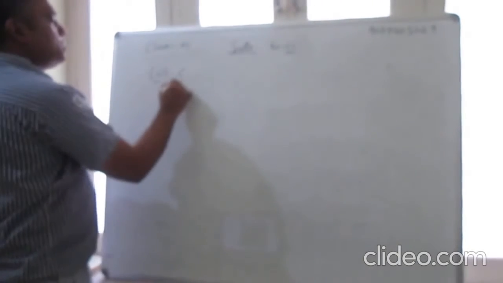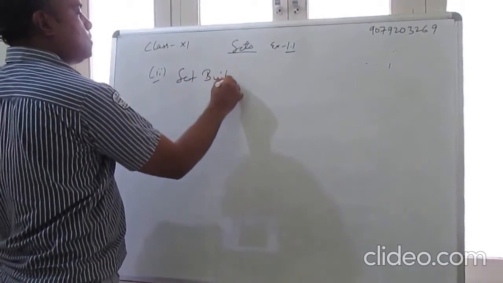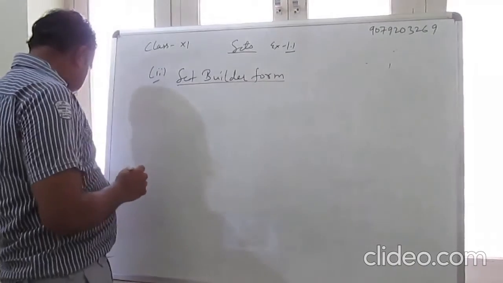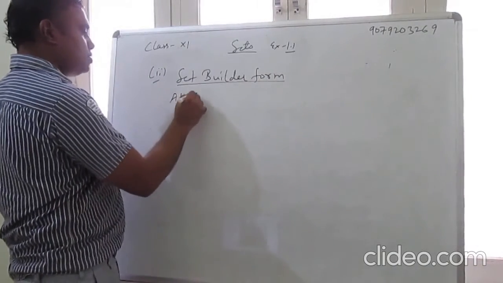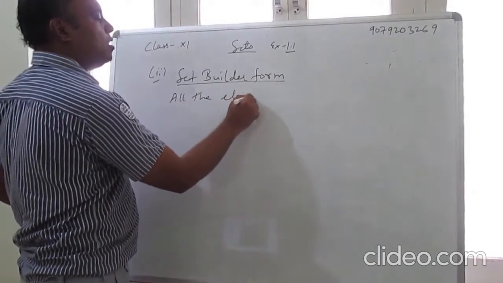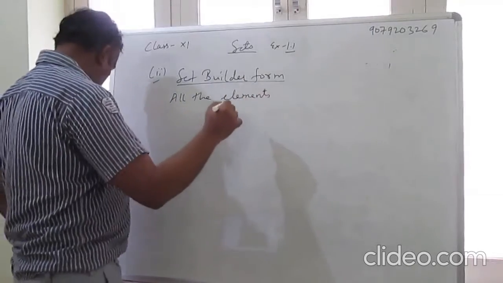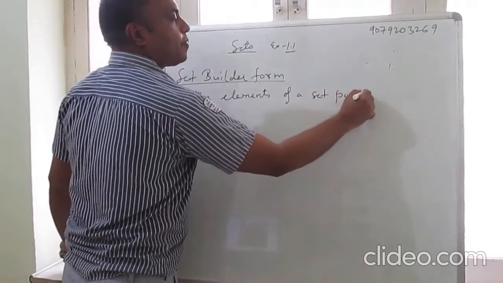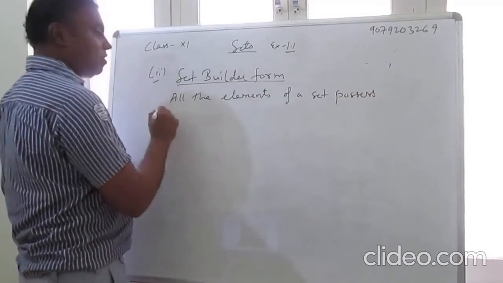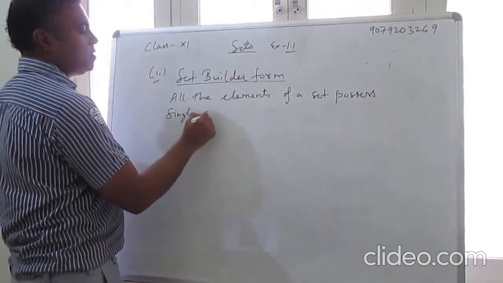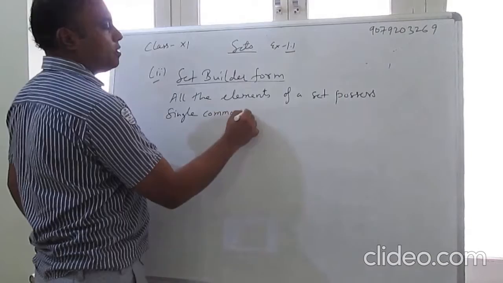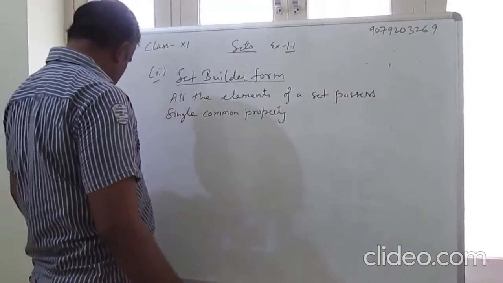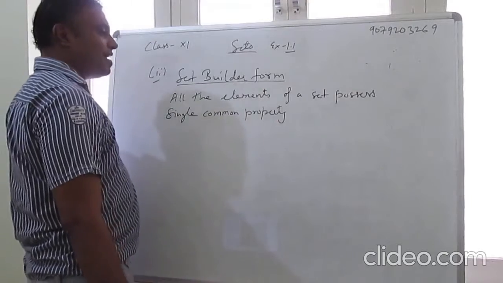Second, set builder form. In this, all the elements of a set possess a single common property, which is not possessed by any other element.